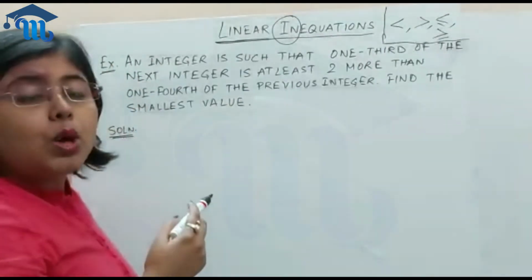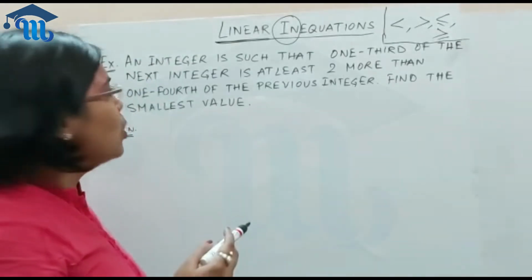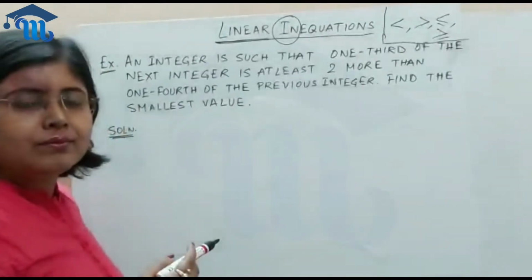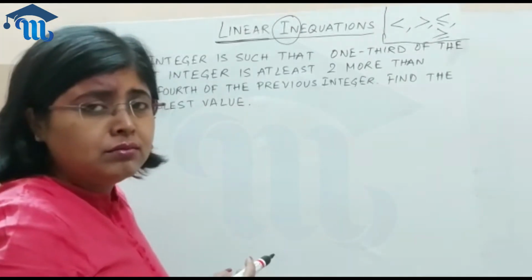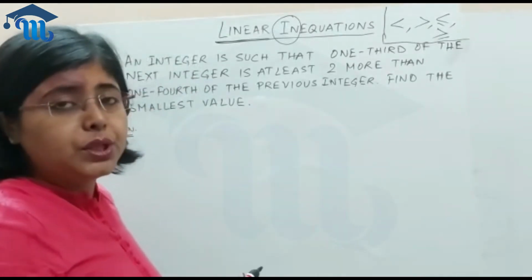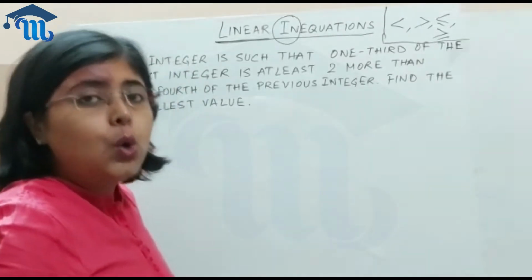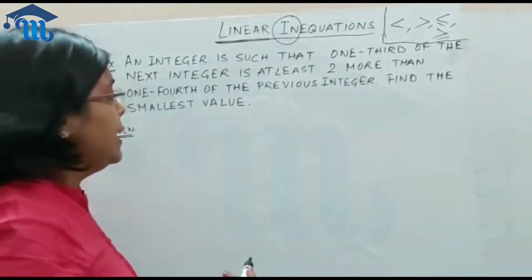Find the smallest value. I hope every one of you knows what an integer is, and you're also aware how we identify a variable in a linear equation. We'll do the same in the case of linear inequation as well.